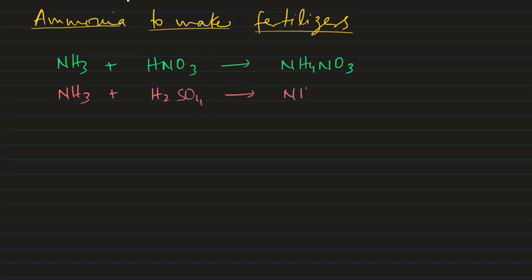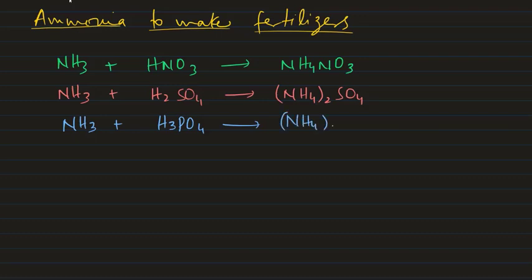So we get (NH4)2SO4. It's called as ammonium sulfate. It's also a fertilizer. Then we can react ammonia gas with phosphoric acid H3PO4 to make a fertilizer, that is ammonium phosphate, (NH4)3PO4. Let's balance these equations.